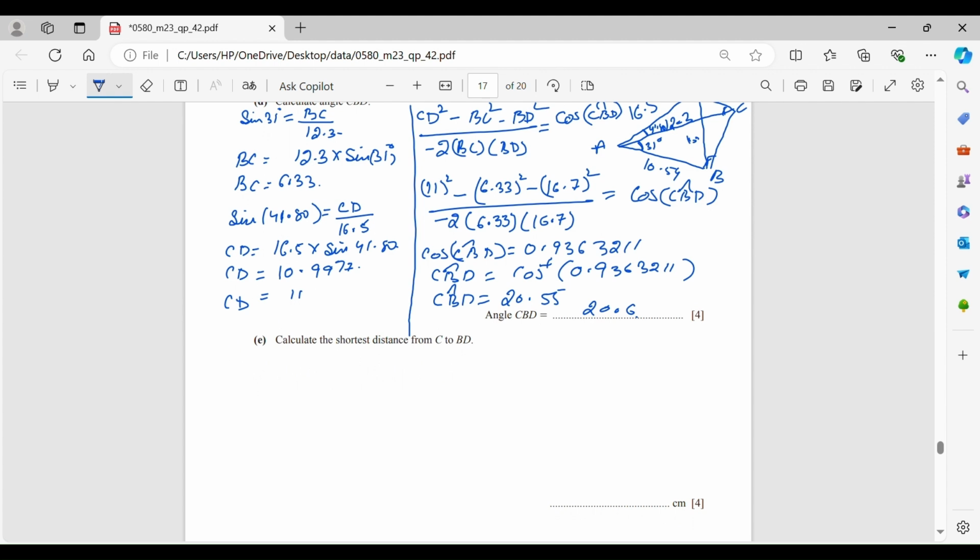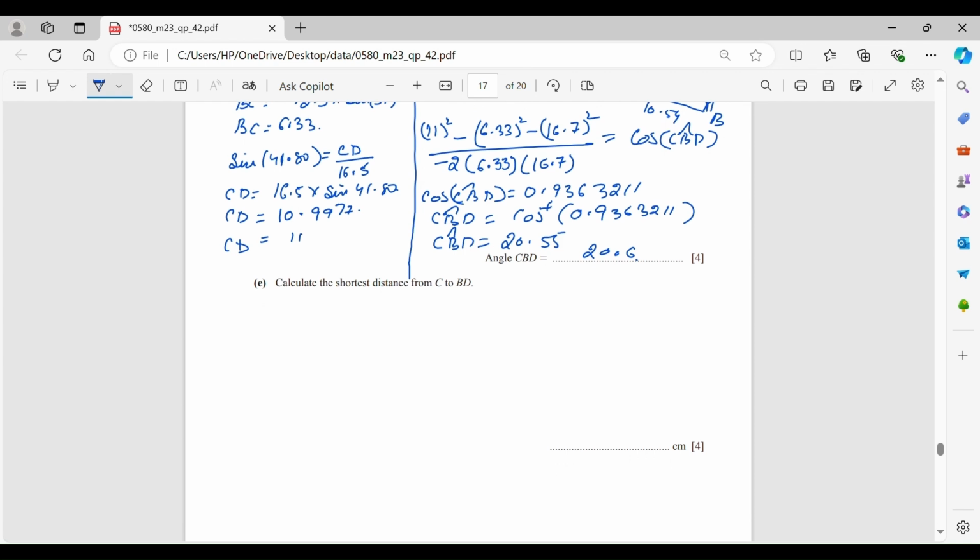So we will make this figure again. Shortest distance is the perpendicular distance. So our triangle will be somewhere like this, right? This is C, this is D, this is B. And BC is 6.33, CD is 11 and BD is 16.7, right?